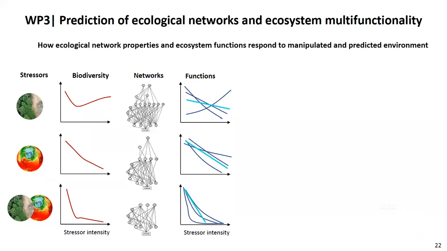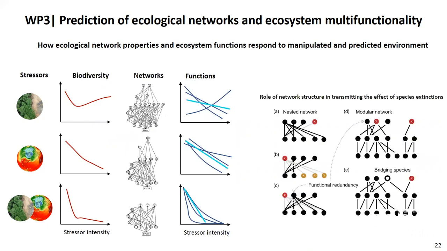So finally, in this work package, we also use data from the previous study on drought stress and results of this project to study both the pure and interactive effects of different intensities of stressors on biodiversity, network properties, and ecosystem function and multifunctionality.